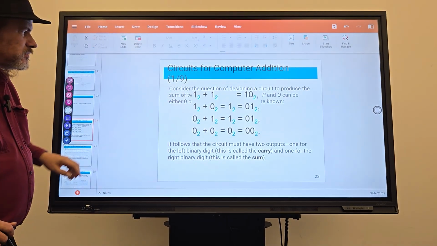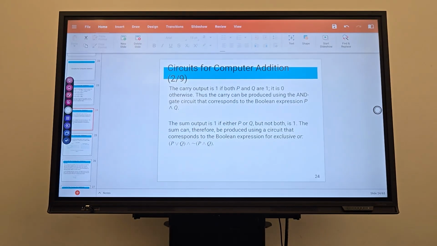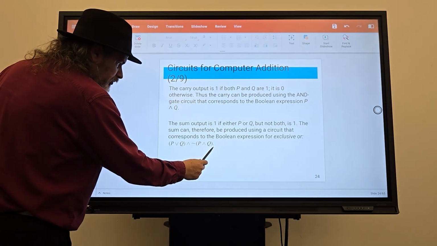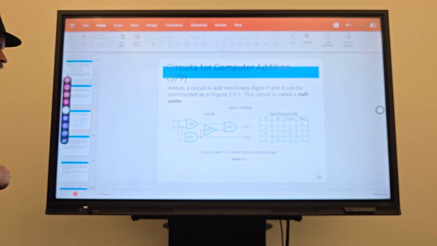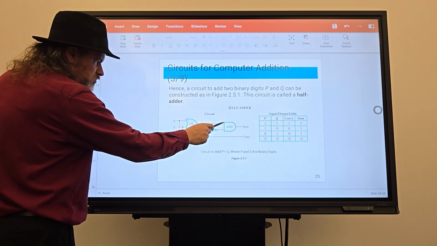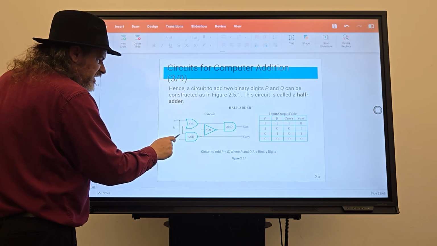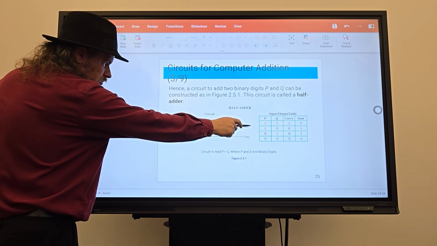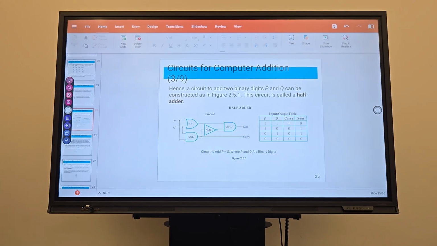Oh, come on, stop it. Anyway, so that can be done with the exclusive OR operation, which we've covered before. So, taking that into a circuit, you have P or Q, or not P and Q for the sum, and P and Q for the carry. Okay?